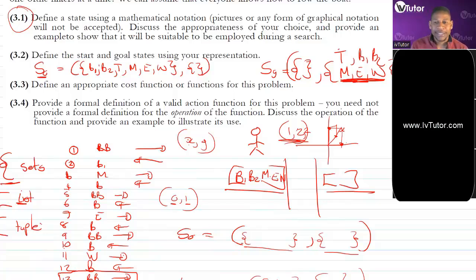If this boat was using petrol, what would be the cost function? Yeah, the trips, there will be many trips. So each trip will be a cost on its own, right? It doesn't really matter who is in it or not. So each trip is a cost.